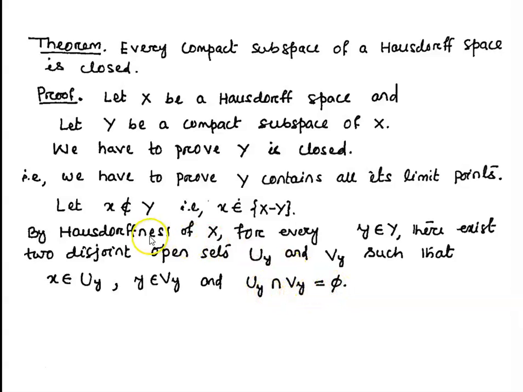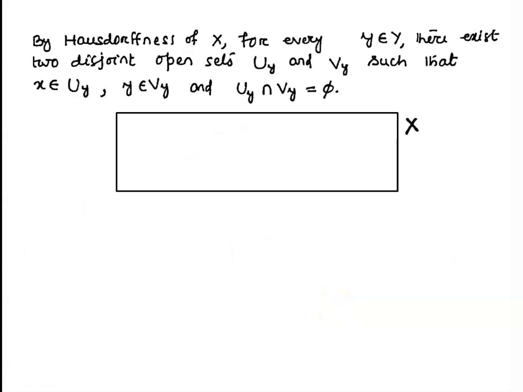This is because X is Hausdorff and this y belonging to Y and X belonging to the complement of Y are two distinct points. For these two distinct points, we have two disjoint open sets, Uy containing X and Vy containing y, and the intersection of Uy and Vy is empty. Here we have this topological space and here we have Y. We have taken a point outside that.